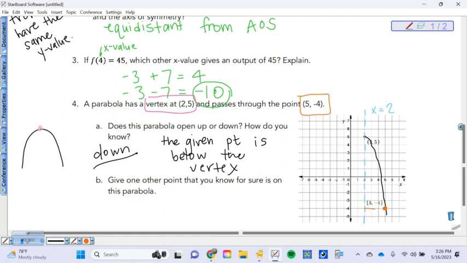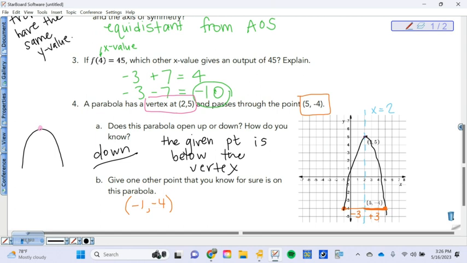And how far away is this point from the axis of symmetry? 3. So that means I'm going to have a mirror point 3 the other way. So right over here. And what are the coordinates of this point? (-1, -4). Perfect.